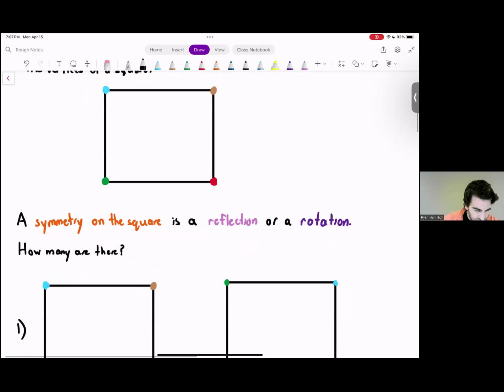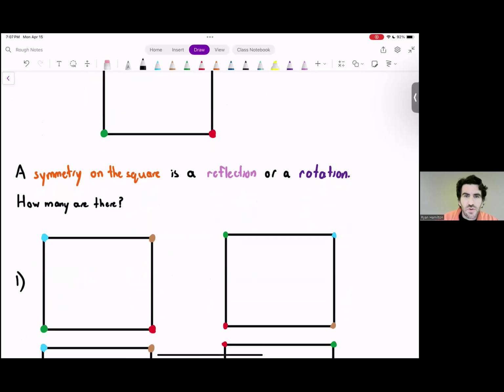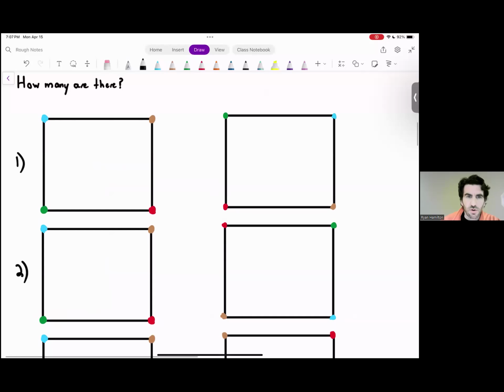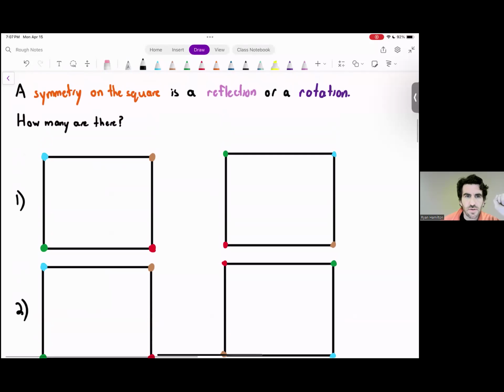So I have a nice list that I've generated here. So you can see on the left-hand side, I'm going to have the same square with the same coloring of vertices. And on the right-hand column, there's going to be a change. So when we look at the right-hand column for number 1, what is happening is we are rotating. So this is a rotation.